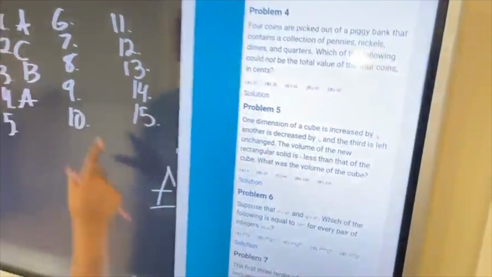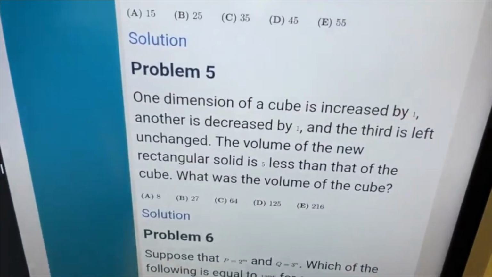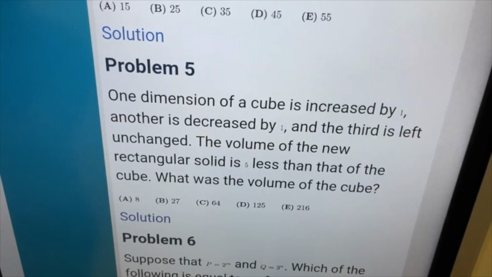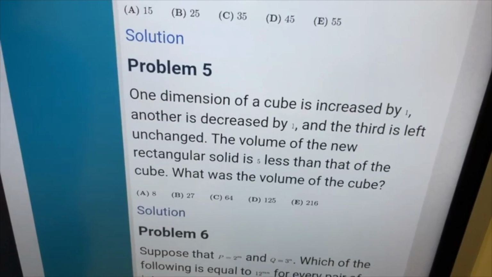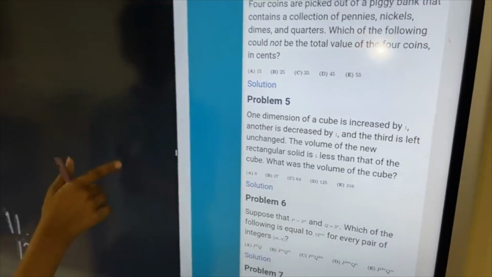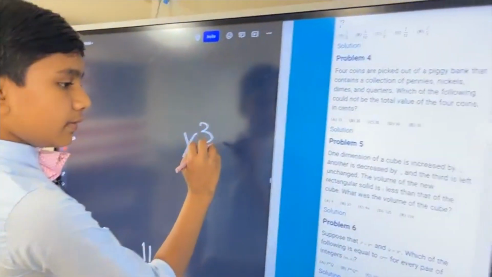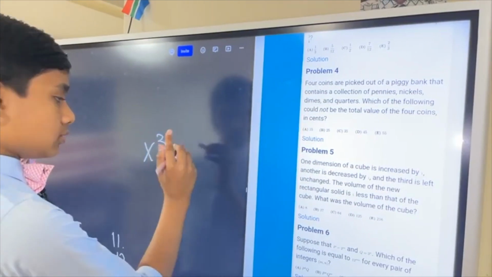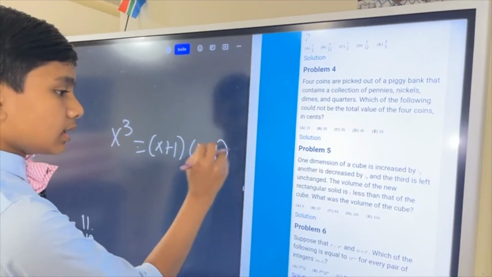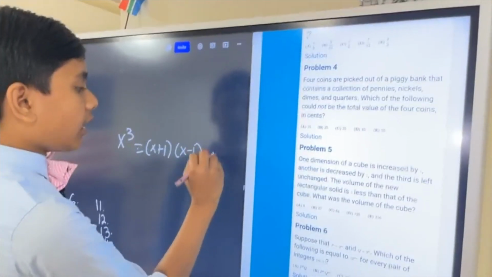5. One dimension of a cube is increased by 1, another is decreased by 1, and the third is left unchanged. The volume of the new rectangular solid is 5 less than that of the cube. What was the volume of the cube? So if we have x cubed is equal to x plus 1 times x minus 1 times x, plus 5.